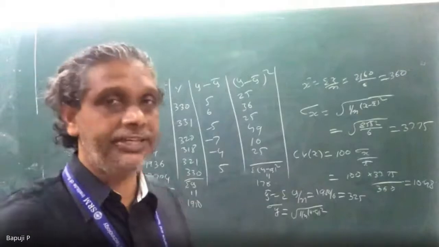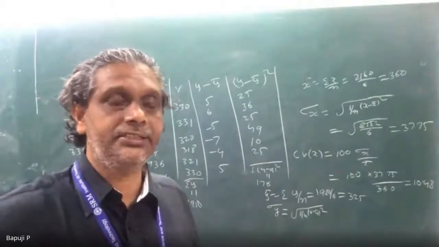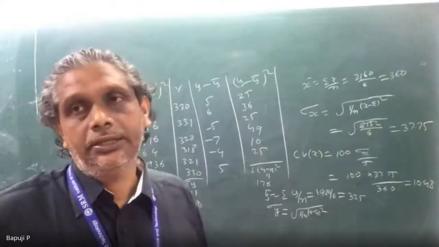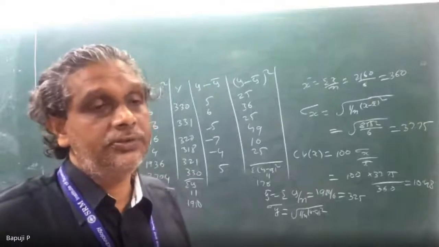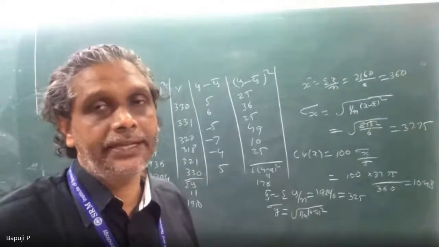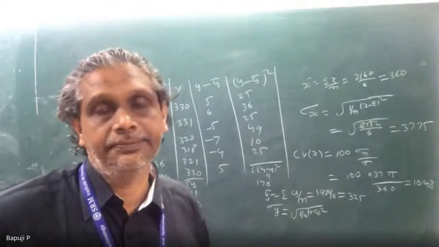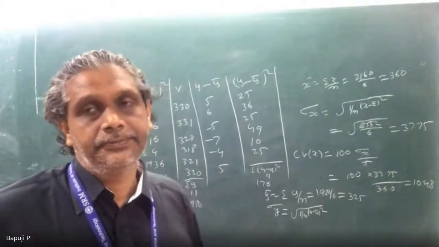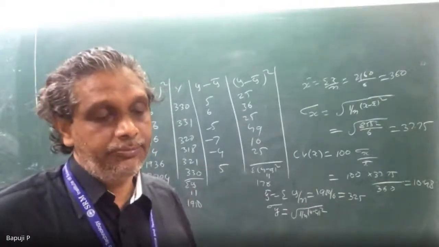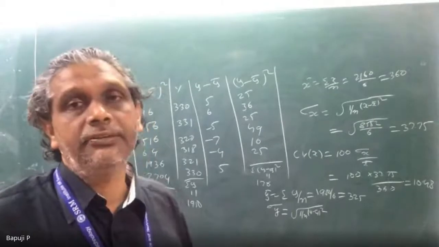So what is y bar? It is the mean of y, because there are two series: x is a separate series and y is a separate series. The given problem is about six weeks of prices of two different articles. x is one item, y is another item.